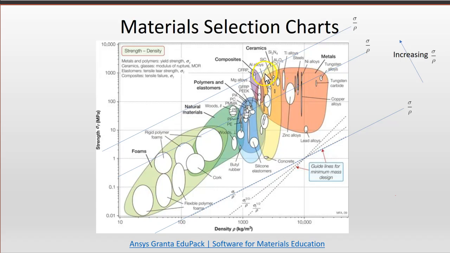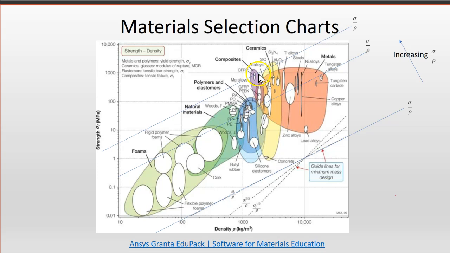As we draw our parallel line further away from that line, up towards, in this case, the left and upwards, the ratio of sigma over rho along that line will be higher. So we have increasing sigma over rho, in other words, increasing performance.